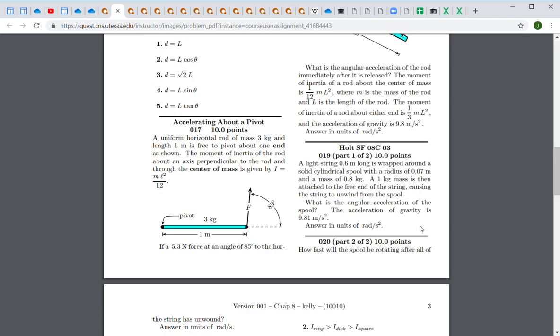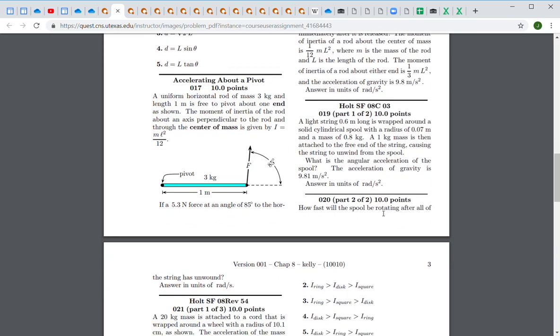When we do that, we'll get two equations and two unknowns. The two unknowns will be tension and alpha, so we can solve for T equals and substitute and get an equation that only involves alpha. It is just like the problem we did on the worksheet in the videos.